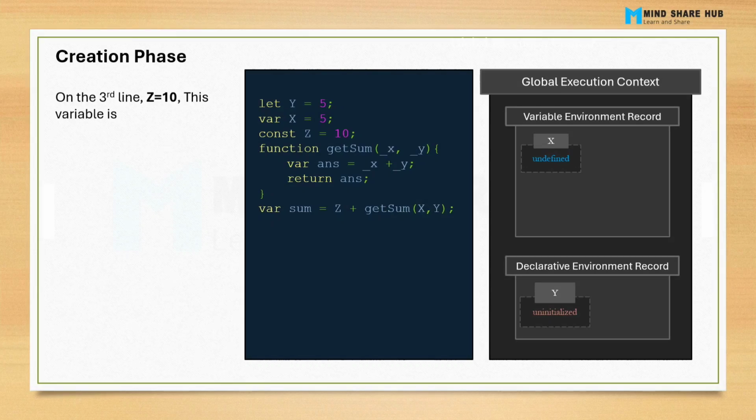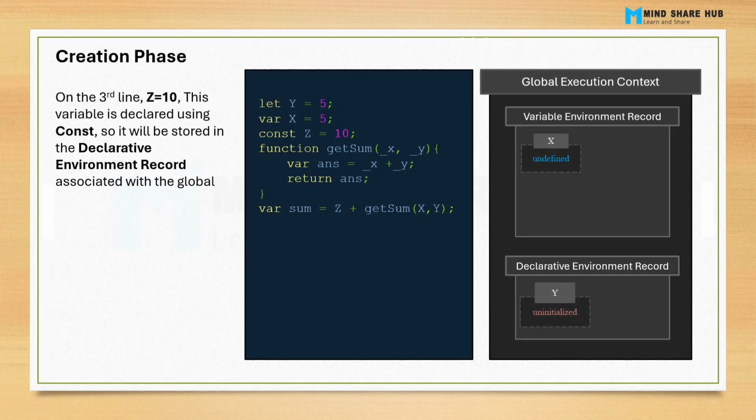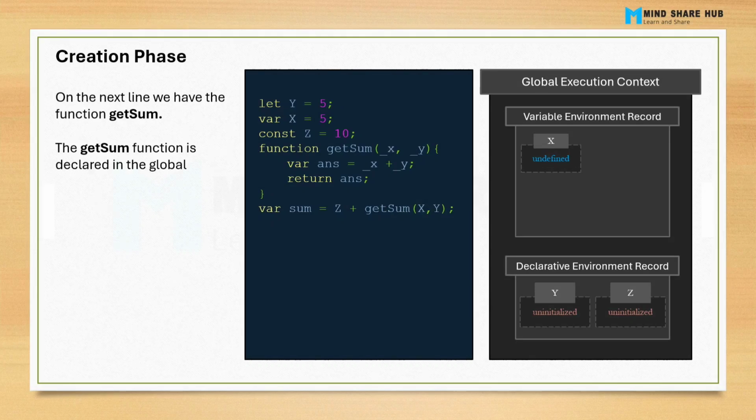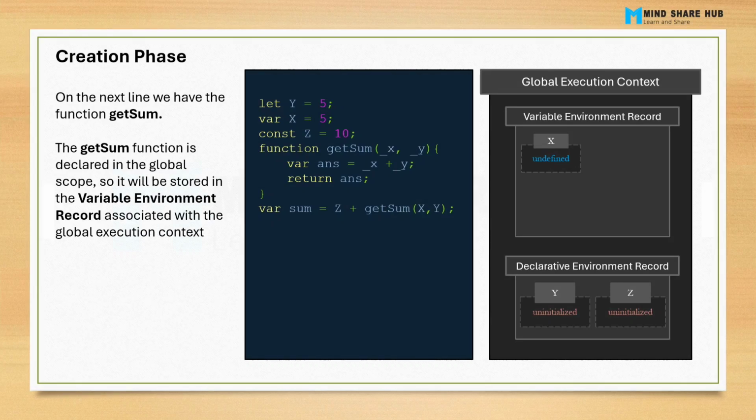This variable is declared using const, so it will be stored in the declarative environment record associated with the global execution context. On the next line, we have the function getSum. The getSum function is declared in the global scope, so it will be stored in the variable environment record associated with the global execution context.